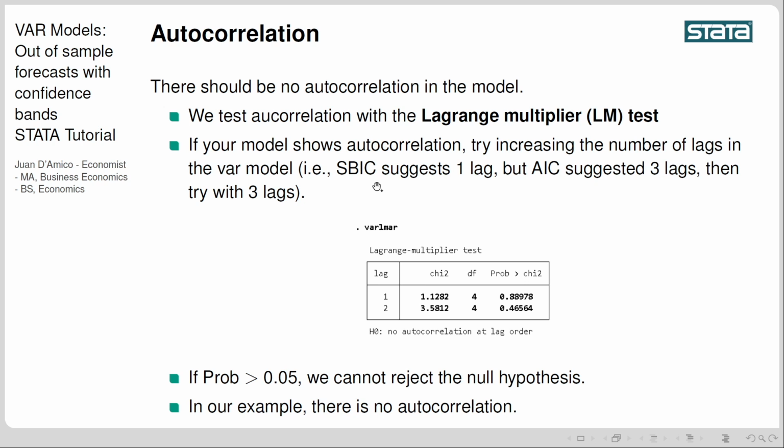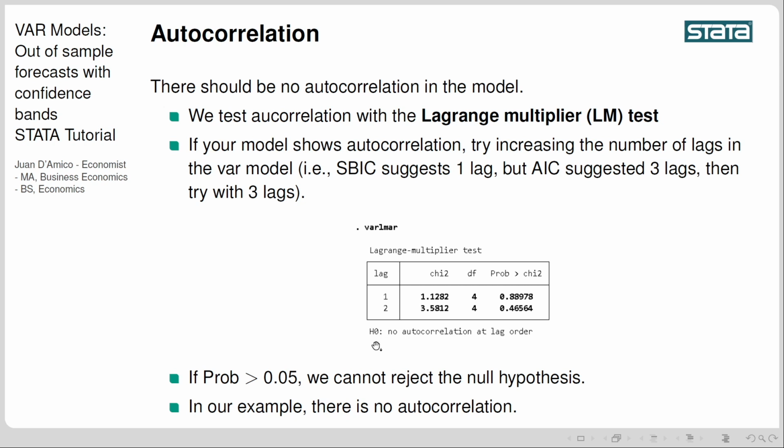Remember that Schwarz suggested one lag, and if you run the model using one lag, you are going to see that there is autocorrelation maybe, but we have used the Akaike criterion that suggested 3 lags, and with 3 lags, we can see that there is no autocorrelation. So this is the command that you need in Stata, varlmar, and you get the Lagrange multiplier test results.